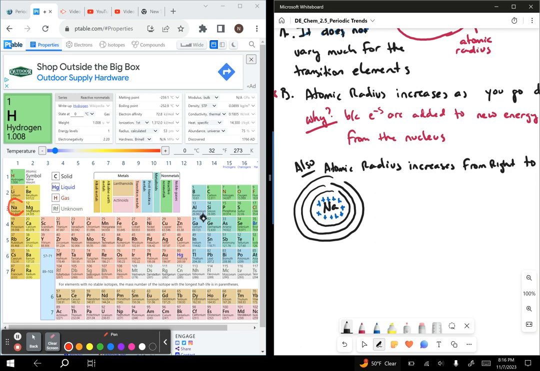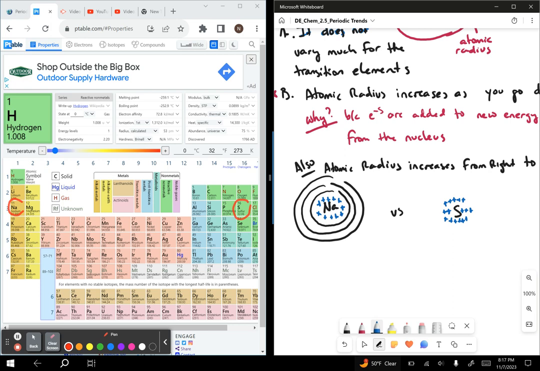And if you were to go over to something like sulfur, which is in group 16. Sulfur has 16 positive charges: 1, 2, 3, 4, 5, 6, 7, 8, 9, 10, 11, 12, 13, 14, 15, 16.